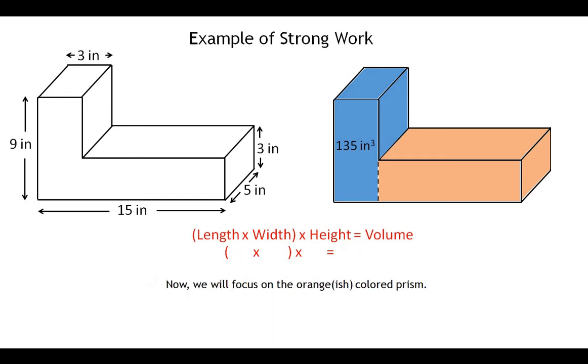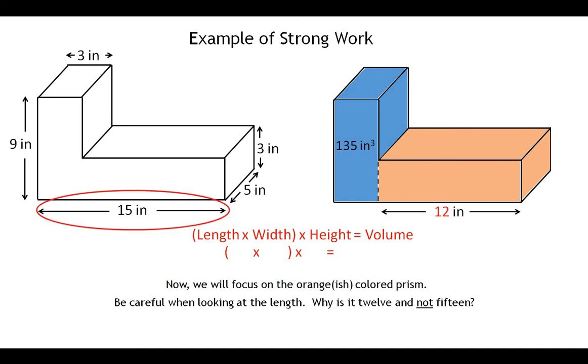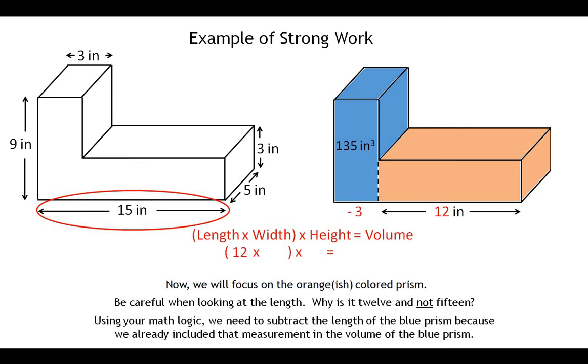Now we will focus on the orange-ish colored prism. Be careful when looking at the length. Why is it 12 and not 15? Using your math logic, we need to subtract the length of the blue prism because we already included that measurement in the volume of the blue prism.